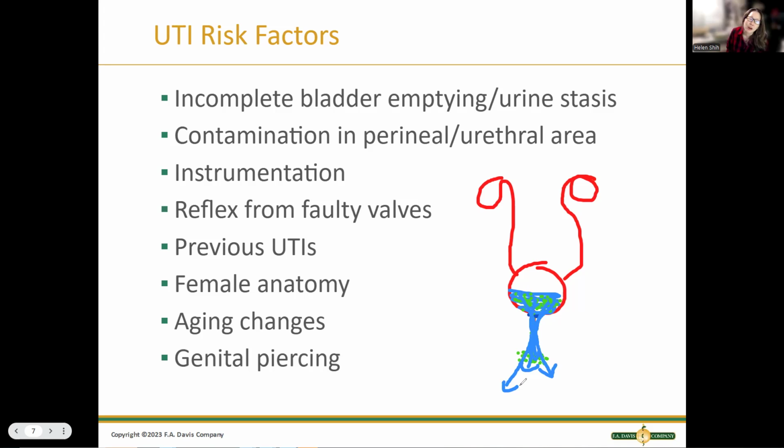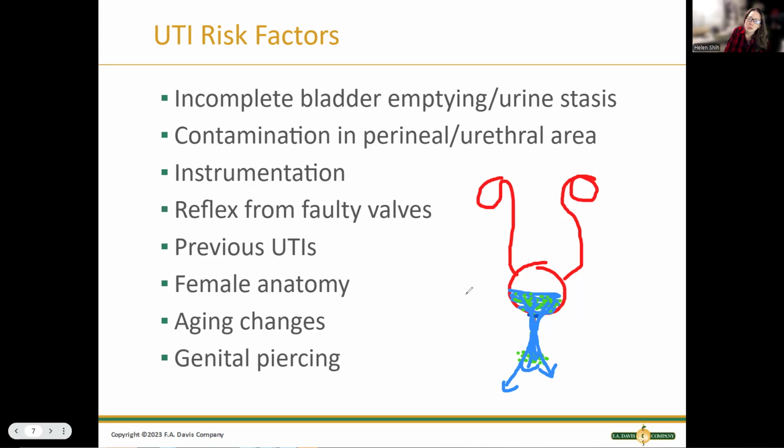So it's very easy for a couple of pathogens to hide in the nooks and crannies of the bladder and then wait until the bladder has been flushed out in order to remultiply again. So if you previously had UTIs and it was really severe and it got into your bladder, a lot of them will try to hide in the bladder in order to come back at a later time.